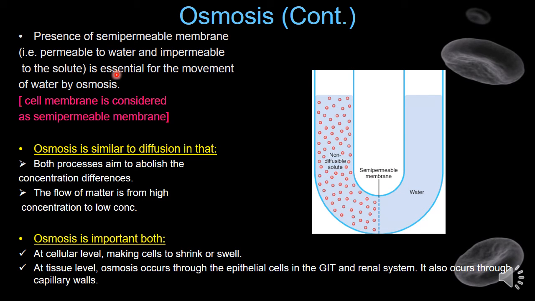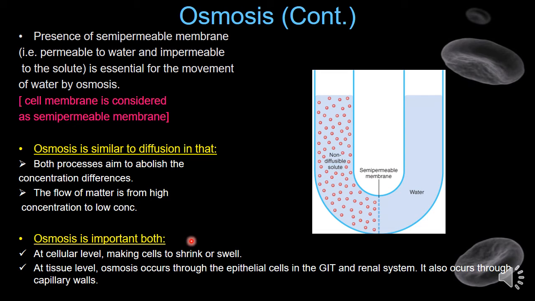So this condition applies to the cell membrane. Also, osmosis is similar to diffusion, and if you remember, diffusion is movement of material from high concentration to low concentration. So if we take this here, the concentration of water here is higher than there. So water will move in this direction, simply from high water concentration to low concentration.